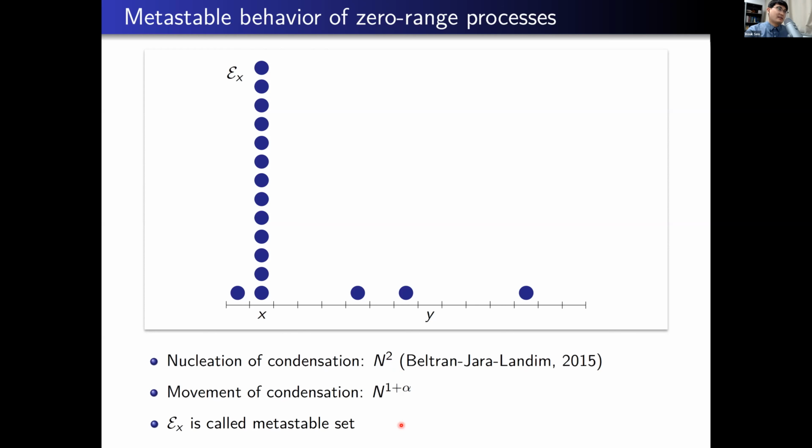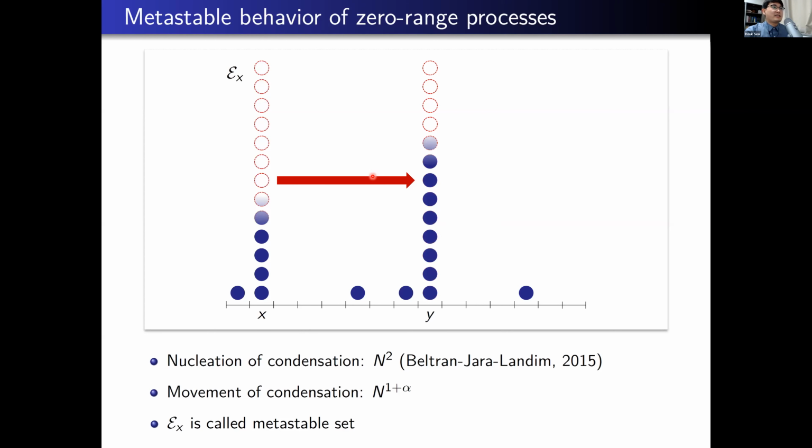But in the end, because of the randomness of the dynamics, you will observe the movement of this condensed site. This condensation will be modified, and another condensation is formed at another site after a time of order n to the 1 plus alpha. So this is a typical metastable behavior, because you have a locally stable state.